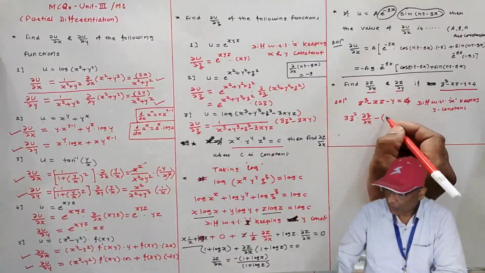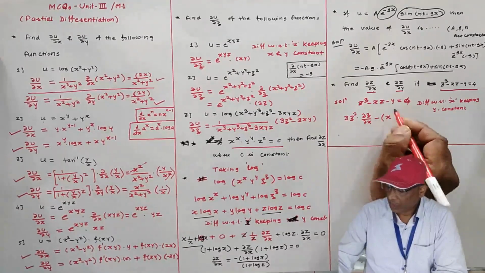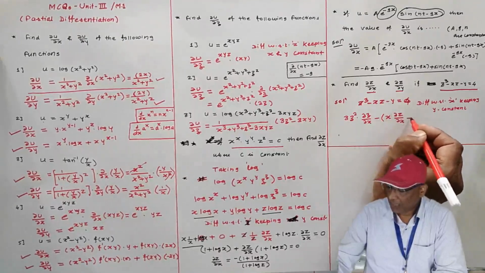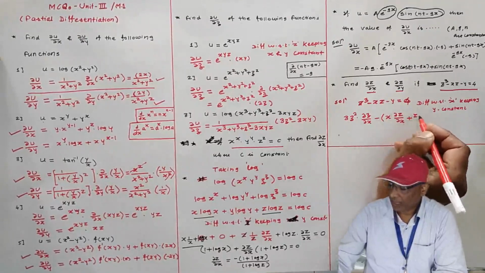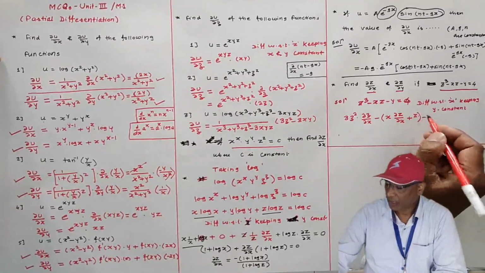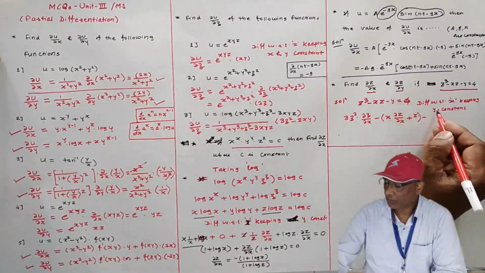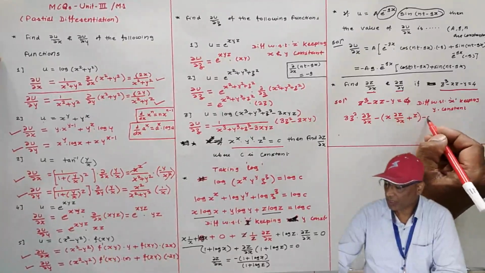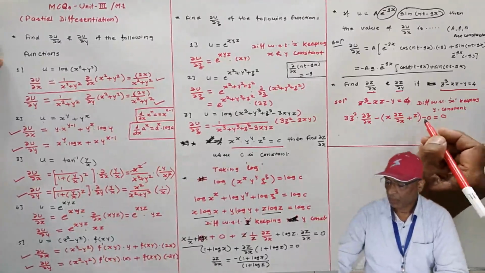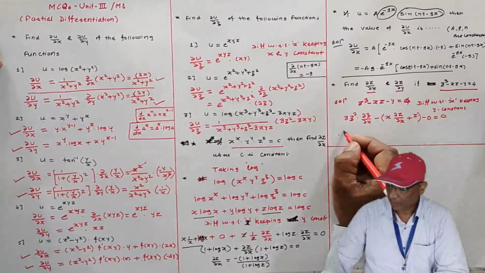We have to use the product rule. First function, derivative of z is del z by del x, the second function z, and derivative of x is 1, minus the derivative of y, because y we are keeping constant, the derivative of y is 0 and the derivative of 4 is 0. Okay.